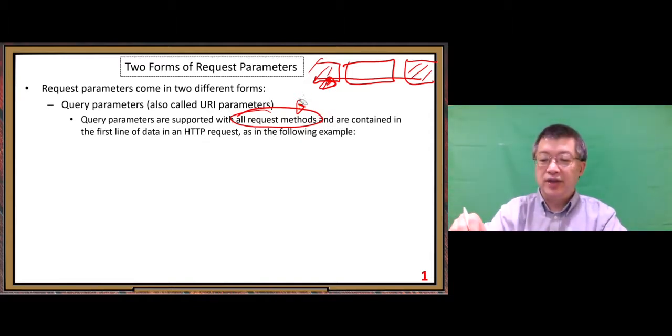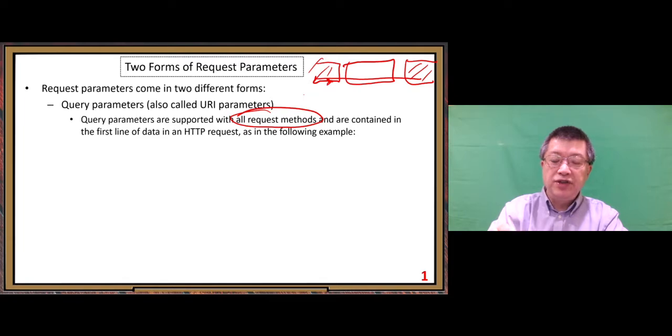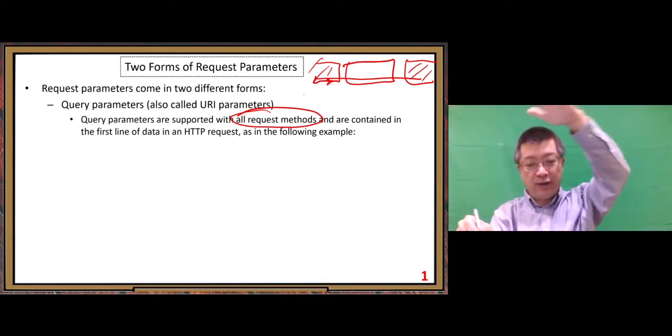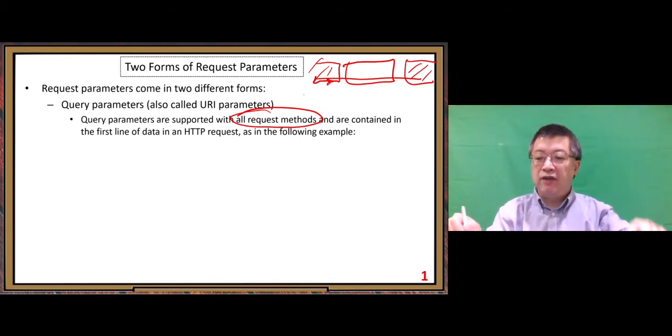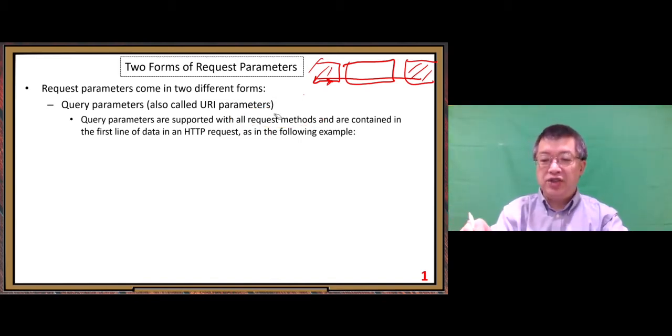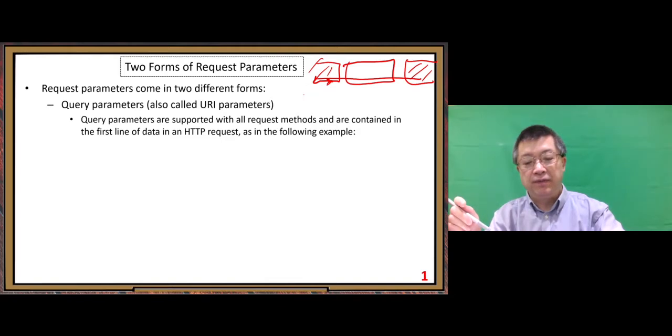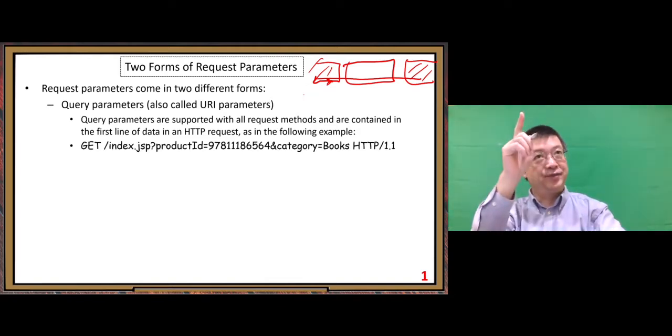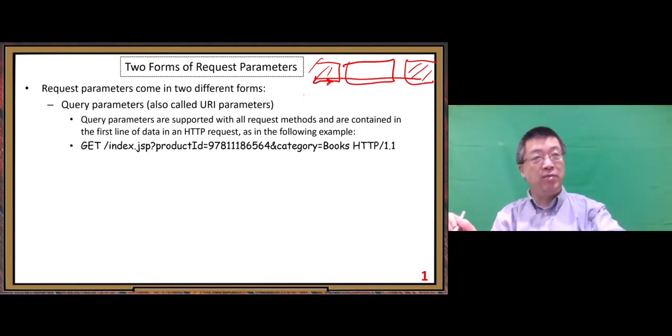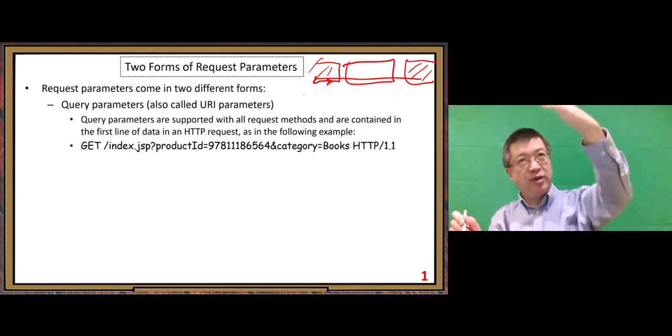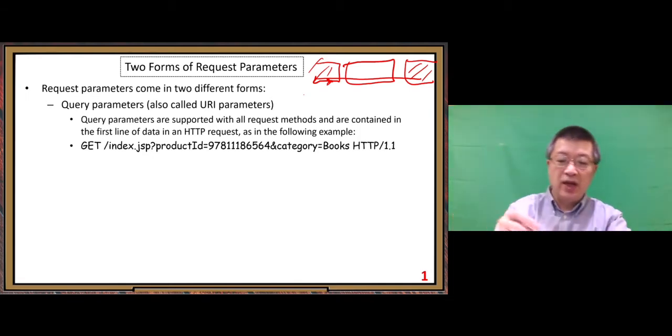So that's why here it says all request methods are contained in the first line of the HTTP request, the top line, as in the following example. Now we see that concrete example. This is the first line, the top line of one HTTP request.